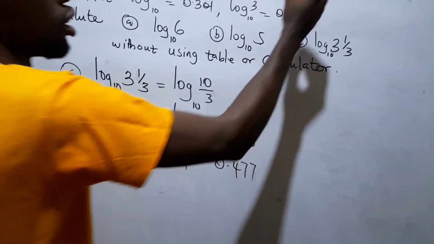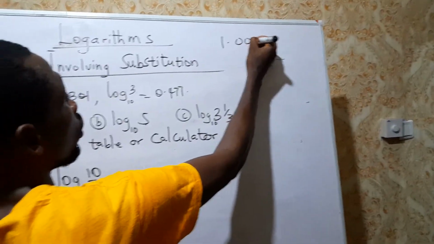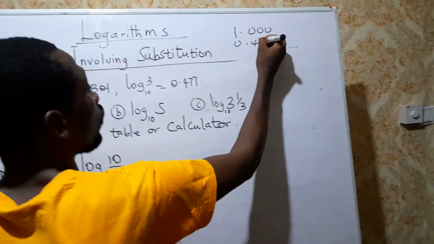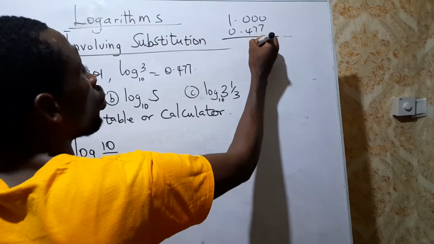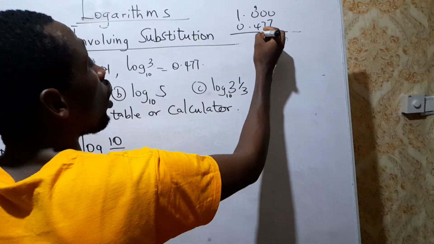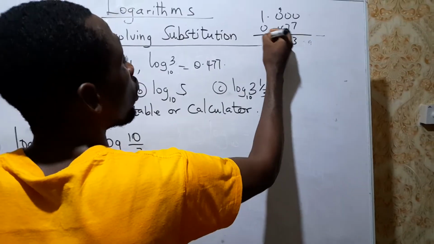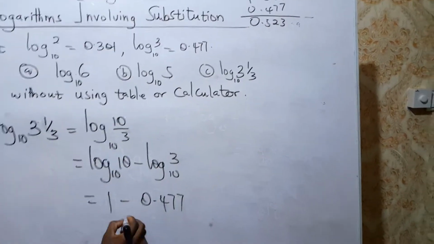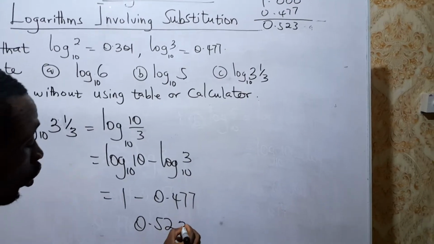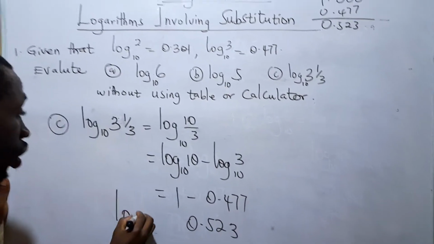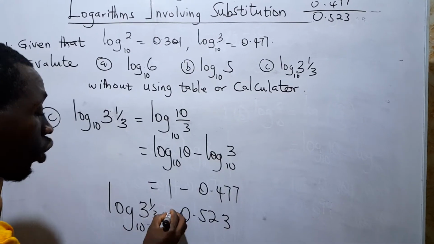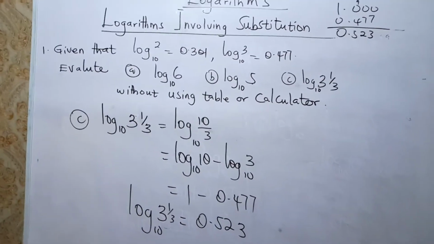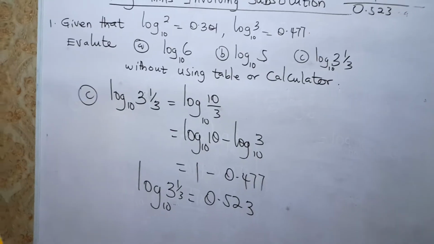So we subtract that. 1.000 minus 0.477 will be 0.523. Then we can say that log 3 whole number 1 over 3 base 10 will be equal to 0.523. I hope you get the same answer.